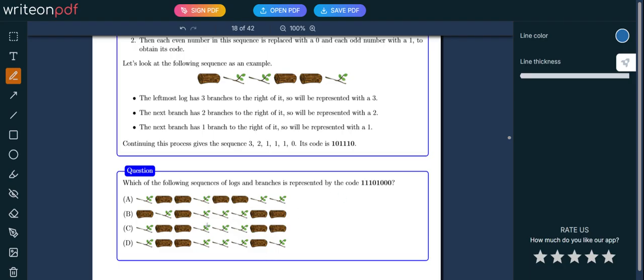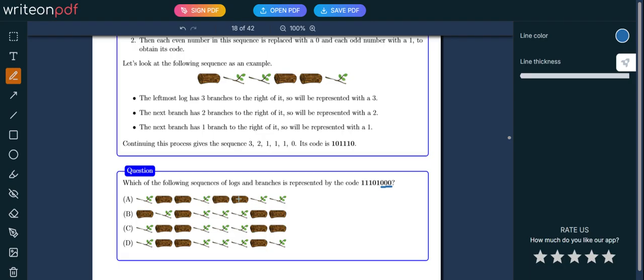Now, what we can see here is, let's look. Which of the following sequences of logs and branches is represented by the code 111010000? What we can do is look at this last part, 000, which would be represented by this, this, and this.